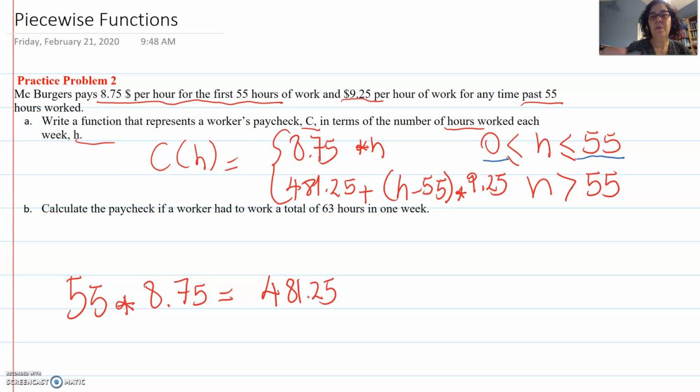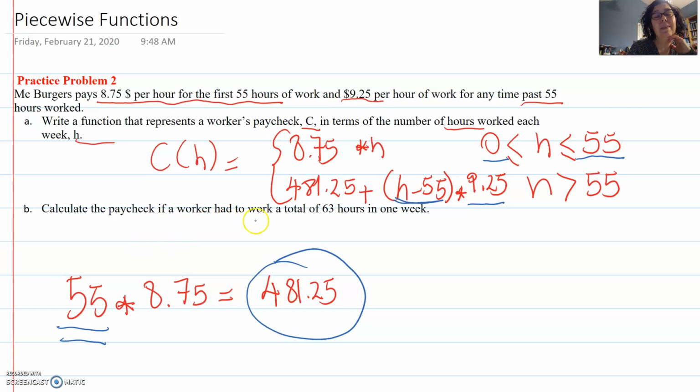So for us to be able to construct the second line of the formula, we must be thinking that the worker worked more than 55 hours. So the worker will get the money for the first 55 hours, and the difference beyond the 55 will be paid as $9.25.